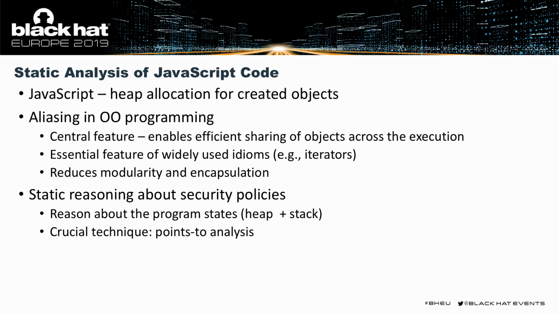Because you don't have this modular, clear view of what is happening. But that's because you are trading simplicity of writing for difficulty of reasoning about code, or having silent assumptions that are not quite fleshed out, and that has to do a little bit with the development of the language. So I will talk about static reasoning of security policies in a second.